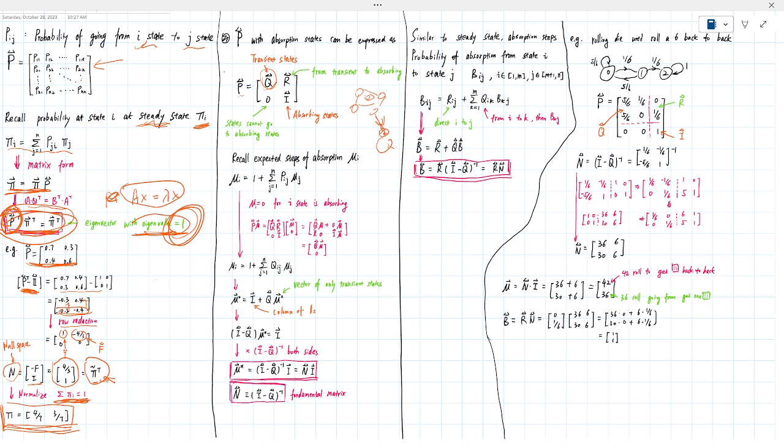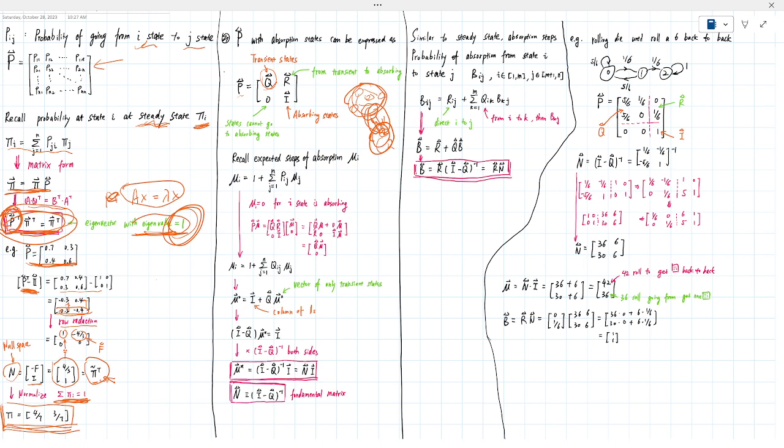So this is Q, the transient states. R is the transient states to the final state, which is this. I is the absorbing state, if that makes sense. We'll discuss further in the concrete example.